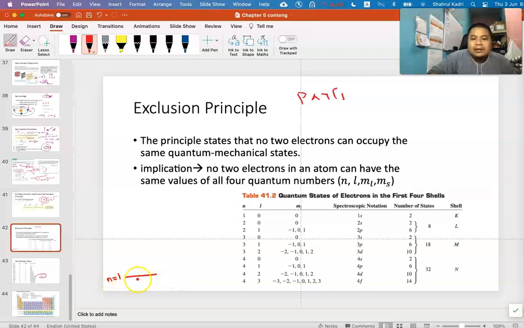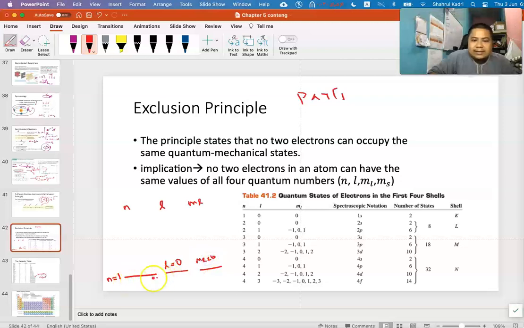For n equal to 1, it can have only one orbital quantum number, which is L equal to 0. And L equal to 0 can have only one magnetic quantum number, ML equal to 0.